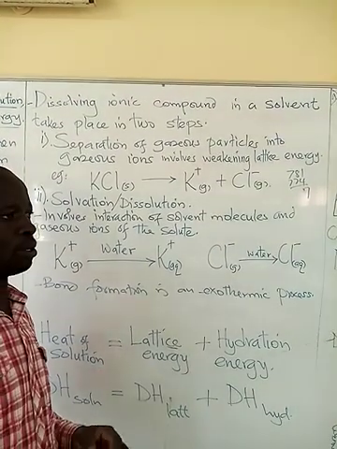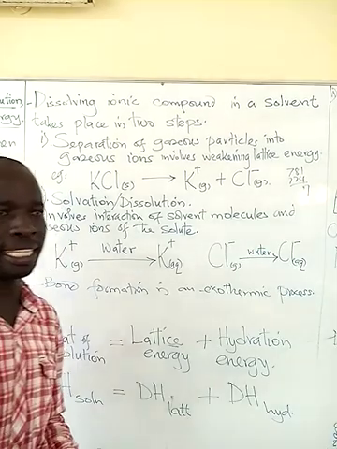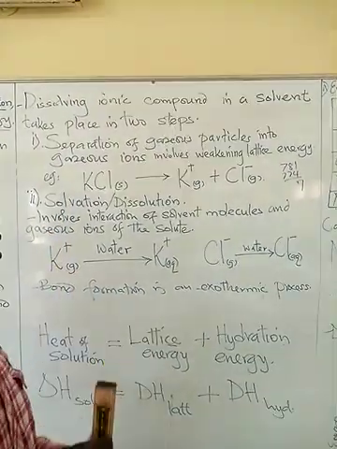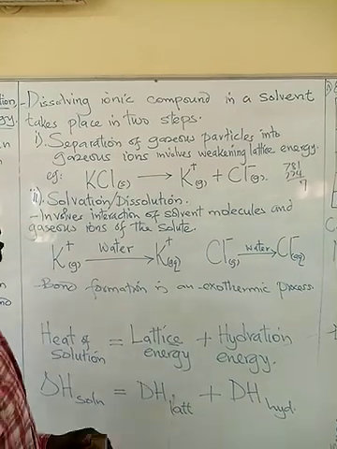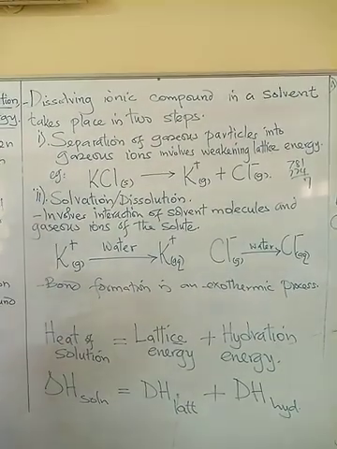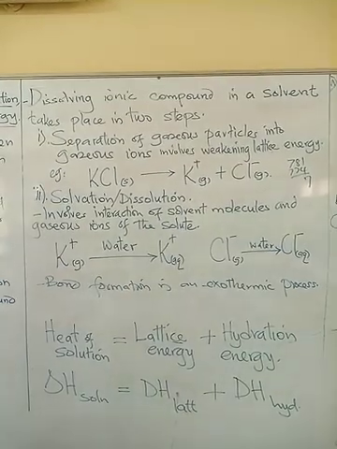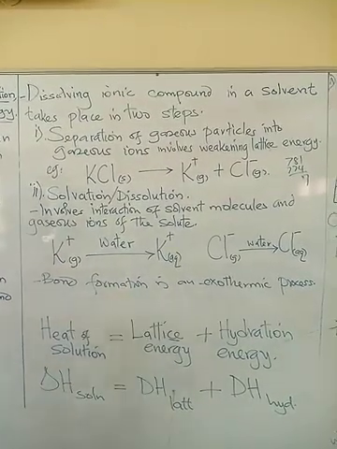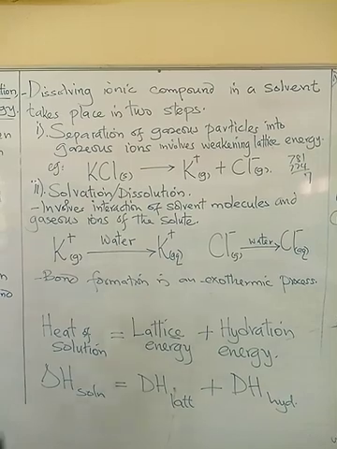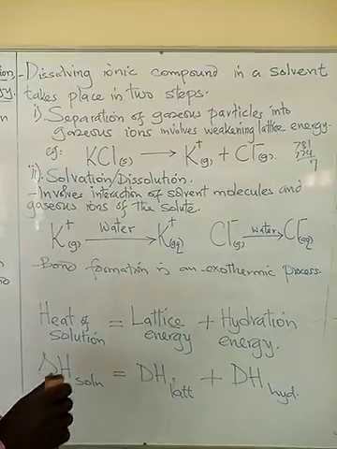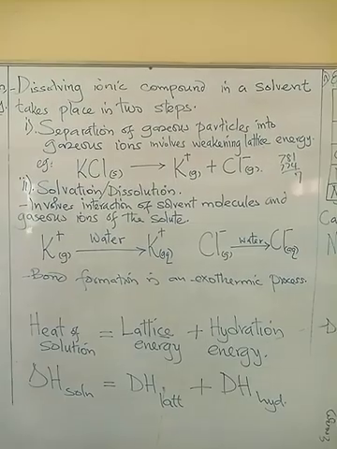What happens when we dissolve substances in solvents? Dissolving of any ionic compound in a solvent will take place in two steps. Step 1 will always involve separation of the solid into gaseous ions. It involves weakening of lattice energy.